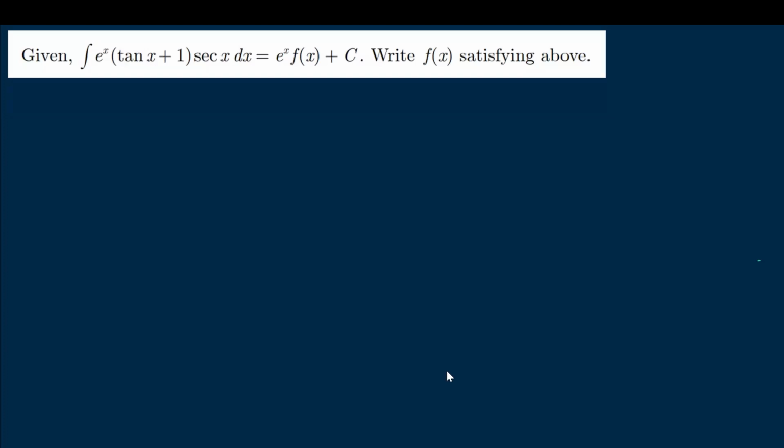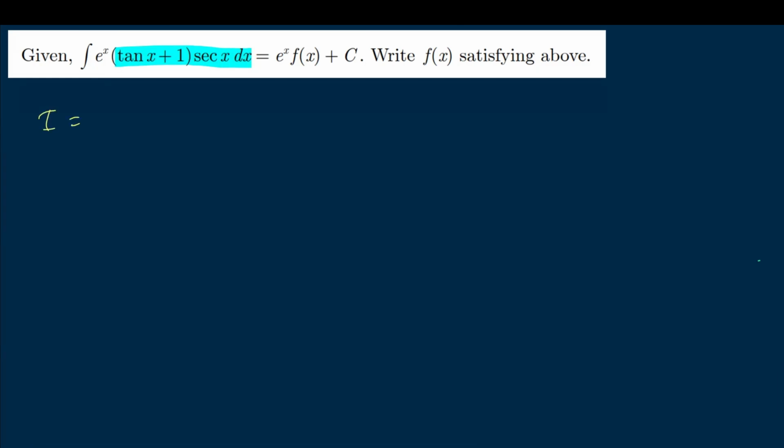Then the next question, we are given that the integral of e raised to the power x times (tan x plus 1 plus secant x) dx is equal to e raised to the power x f(x) plus c. Then we have to write f(x) satisfying this relation. What we will do here, keeping e raised to the power x outside, is multiply this.